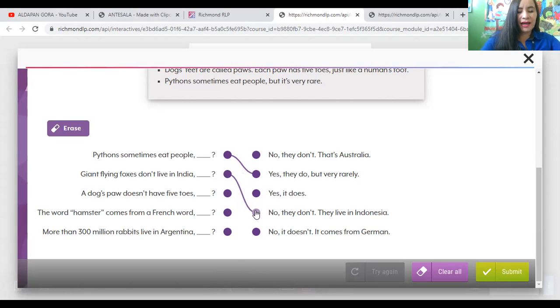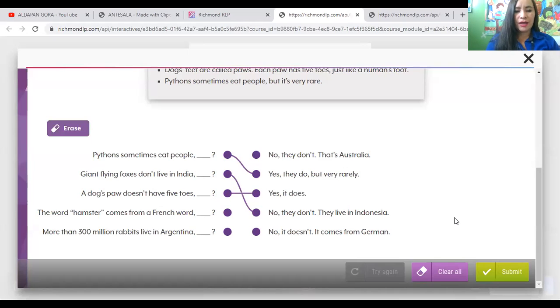A dog's paw doesn't have 5 toes. Does it? What is the answer for this? Yes, it does. Very good. Next, the word hamster comes from a French word.